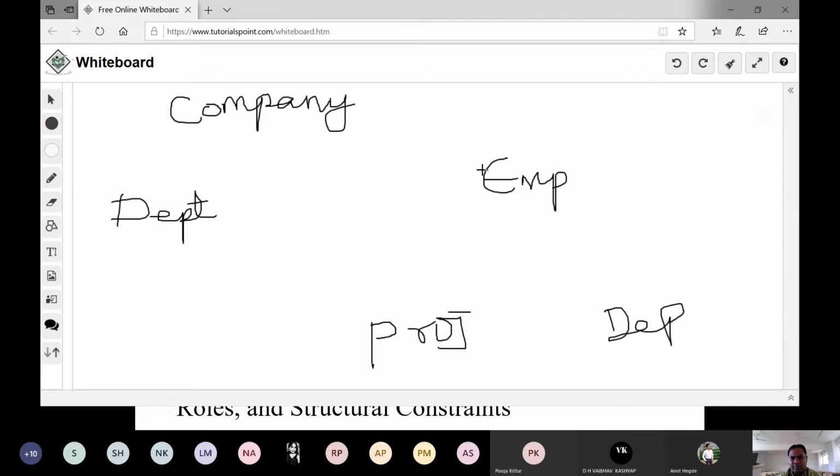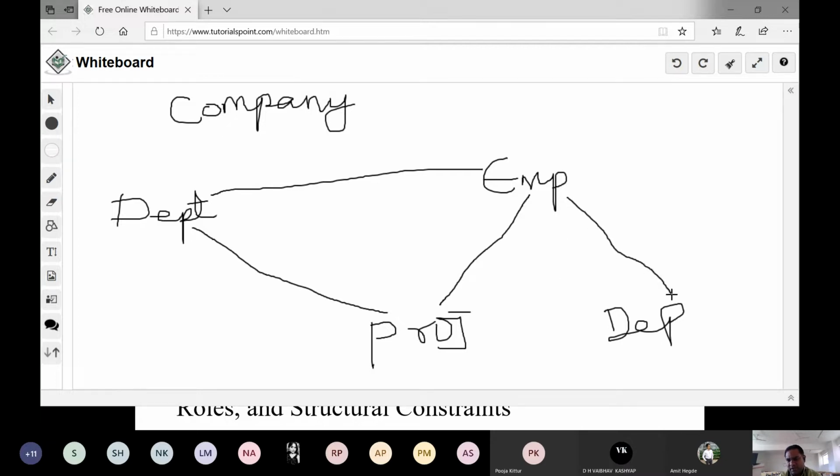Now employees are working in a department, or employees are associated with a department. So department controls projects. Employees work on projects. Employees have dependents.